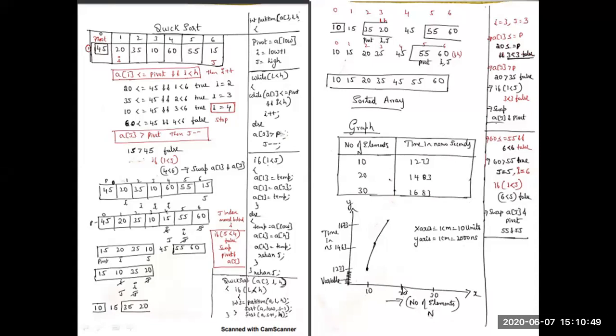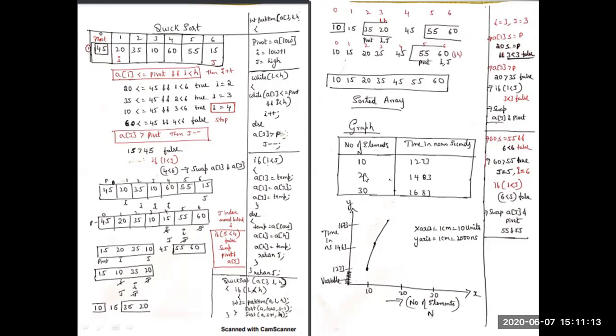For the x-axis, that is your number of elements. I'm writing 10, 20, 30, or whatever elements you give; it can be 5, 10, 15, whatever it is. And for the y-axis, I'm specifying time in nanoseconds. I need to specify the scale: 1 centimeter equals how many units.